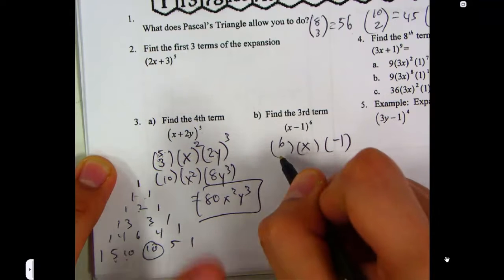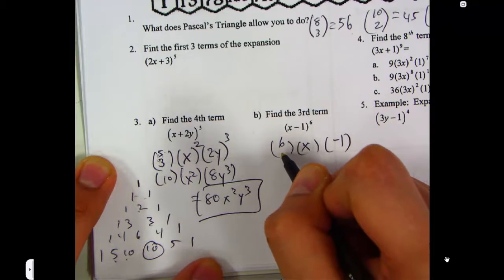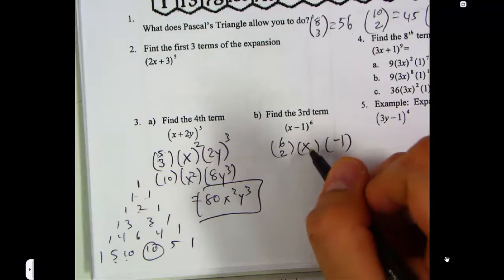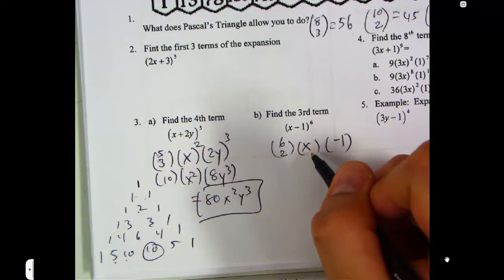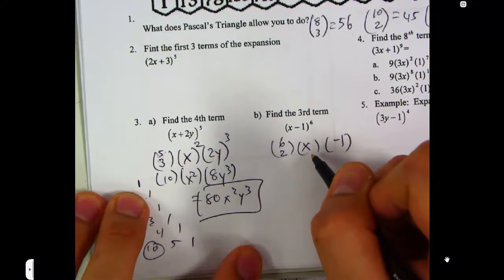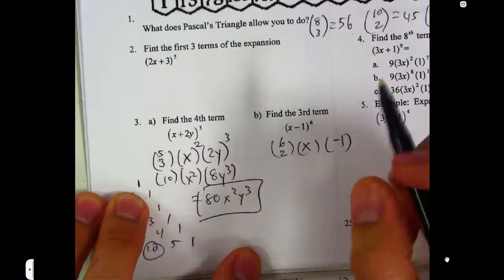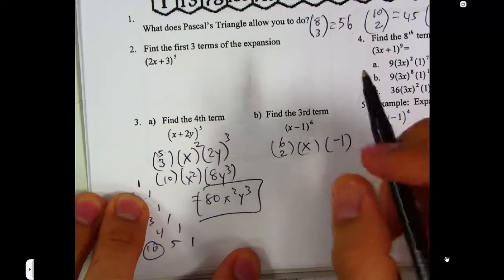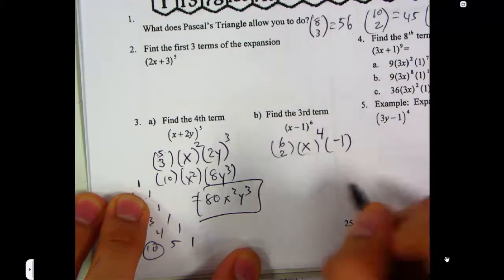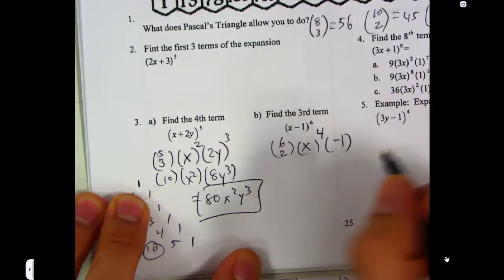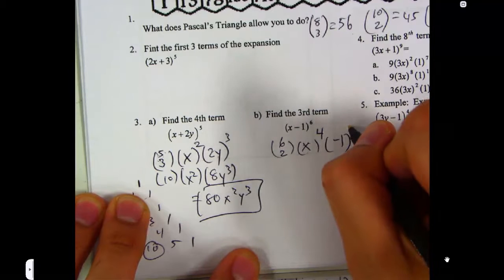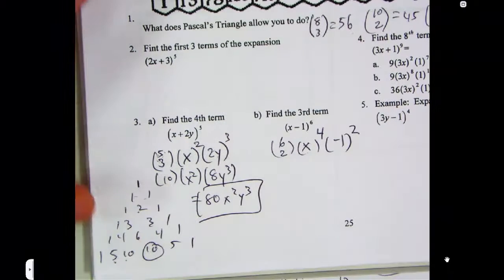Joshua, what goes on the bottom number? 2. Angelica, what goes to the exponent of x? No, exponent of x. 4, yeah, 4. Thank you. Jeremy, what goes in the exponent of negative 1? 2. Okay, are we good?